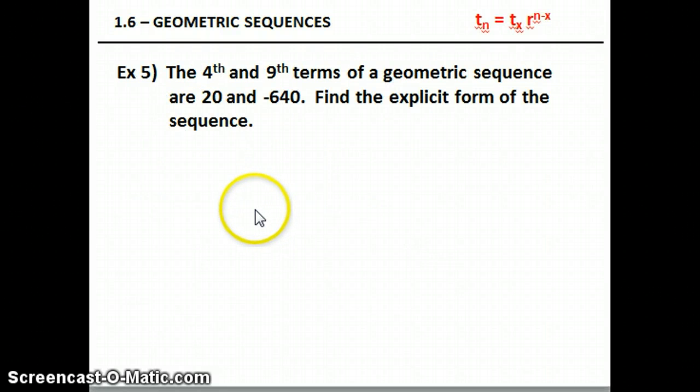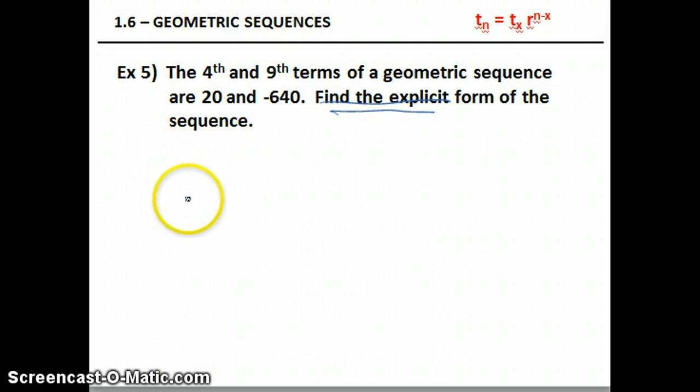Now let's say we have the 4th and 9th terms of a geometric sequence, and we need to find the explicit form of the sequence. Well, that's easy because we have this information right here, and it says find the explicit form. Always make sure that you are finding what they ask.